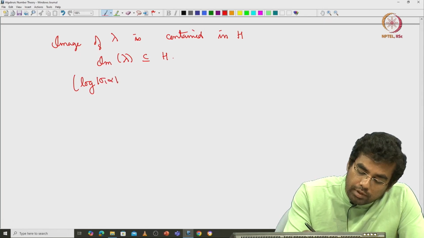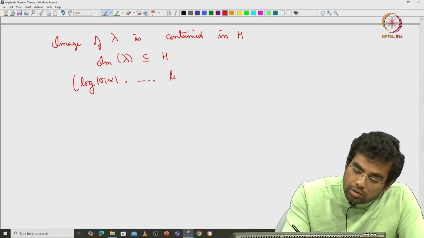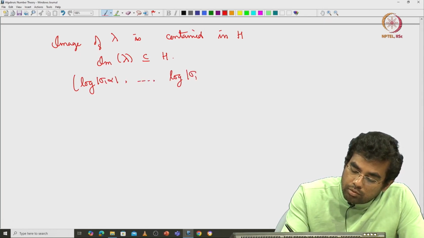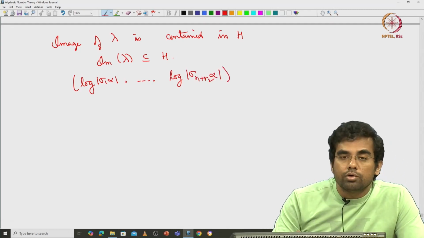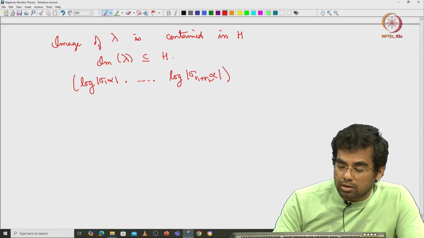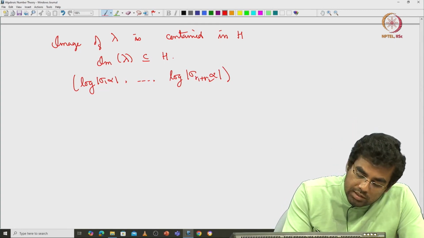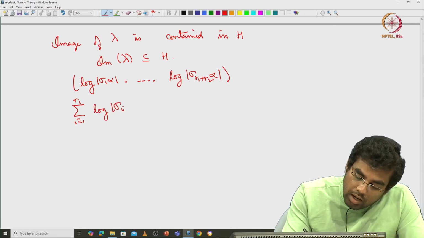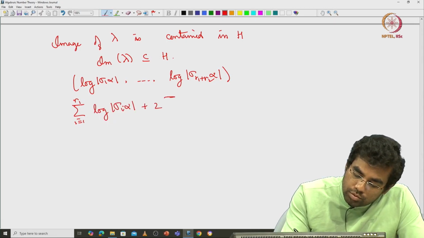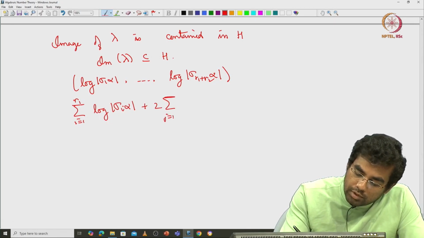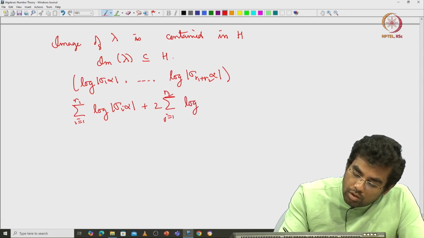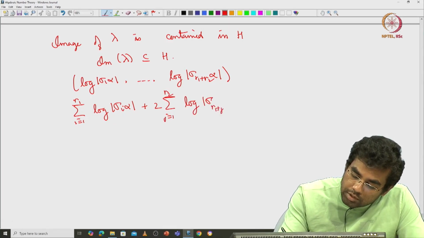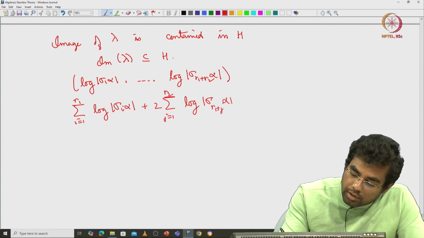Log of sigma 1 of alpha and so on, log of sigma R1 plus R2 of alpha. I want to show that this is in H. So, I just take its sum: summation i going from 1 to R1 log sigma_i alpha plus 2 times summation j going from 1 to R2 log of sigma R1 plus j alpha.